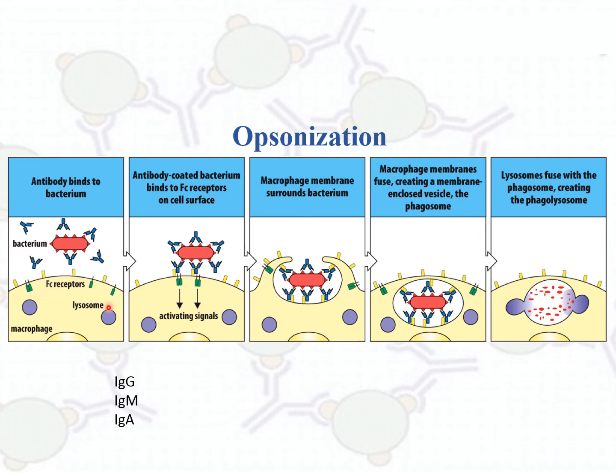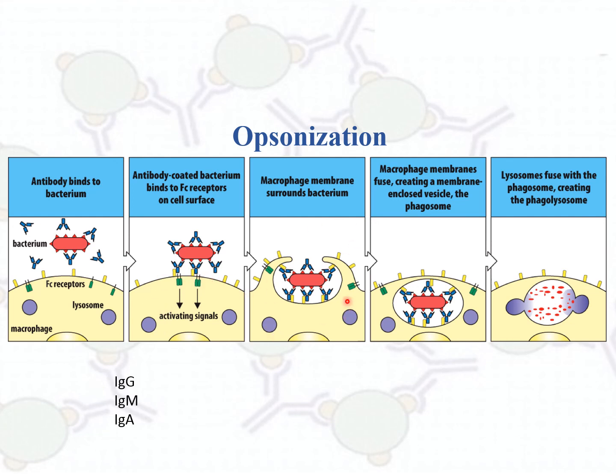These phagocytic cells have Fc receptors on the surface to which the Fc portion of the antibody binds. As a result, the whole bacterium, which is coated with the antibody, becomes attached to the surface of the macrophages.